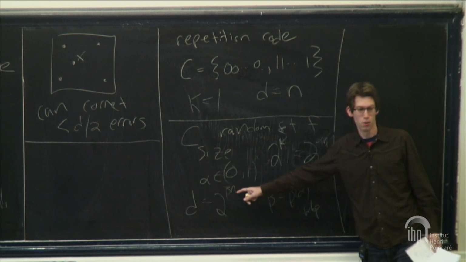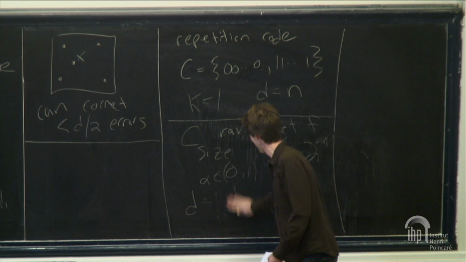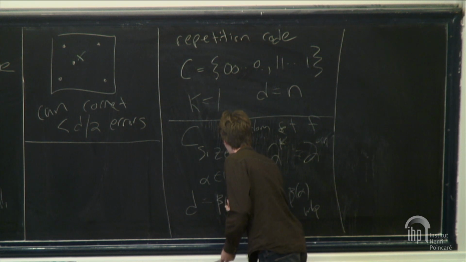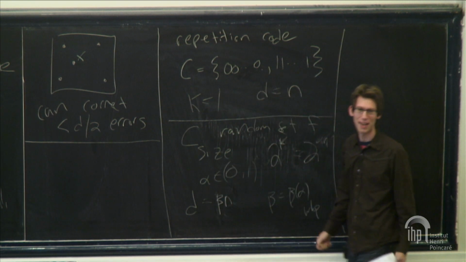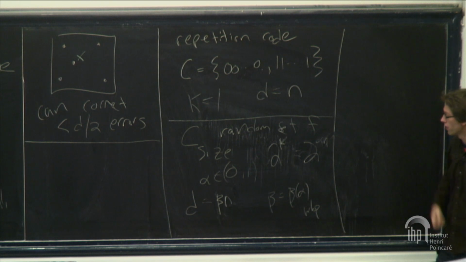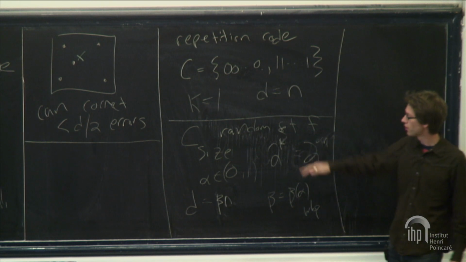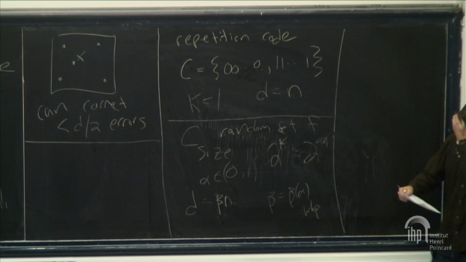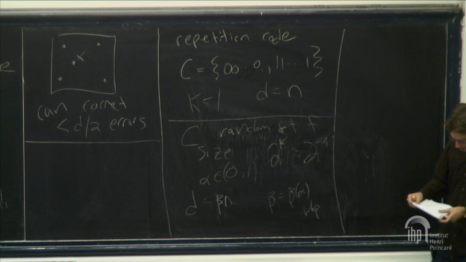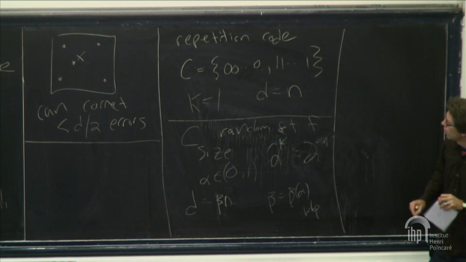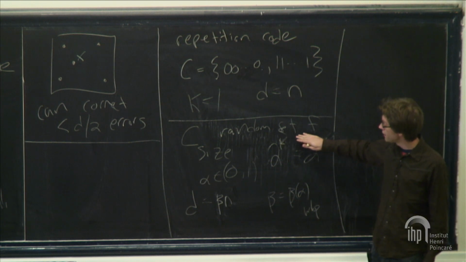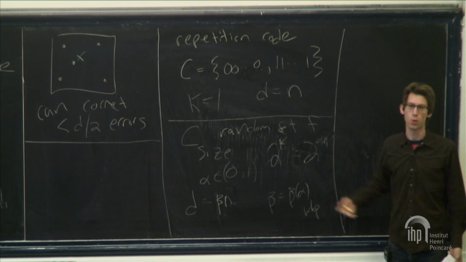And the distance is also a constant, beta times n. The distance is a constant fraction of n as well. So you can correct a constant fraction of errors and encode a constant fraction of the bits at a constant rate. So this is nice in theory, but it's very hard to work with on a computer, right?